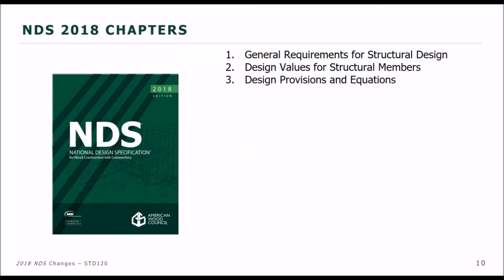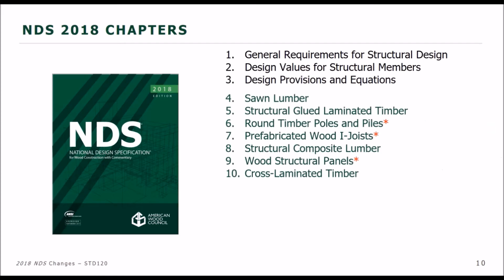Now just to give you an overview of the actual publication, we have the first three chapters, the general chapters that apply to generally every wood product. Then we have the special products chapters, which is sawn lumber all the way up to cross-laminated timber, which was new to the 2015 NDS.